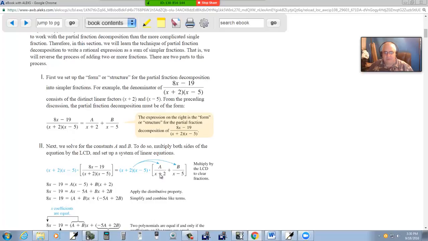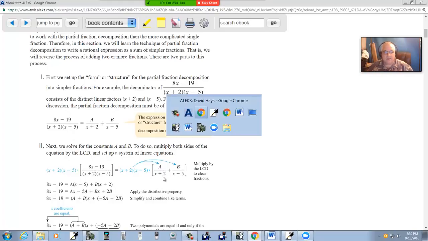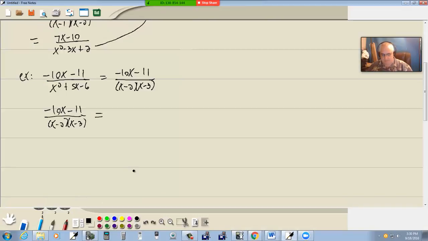We put A over the first factor plus B over the second factor. So like in this problem, this would be A over x minus 2 plus B over x minus 3. Since these are the first power and they're different, then that's how you do it.